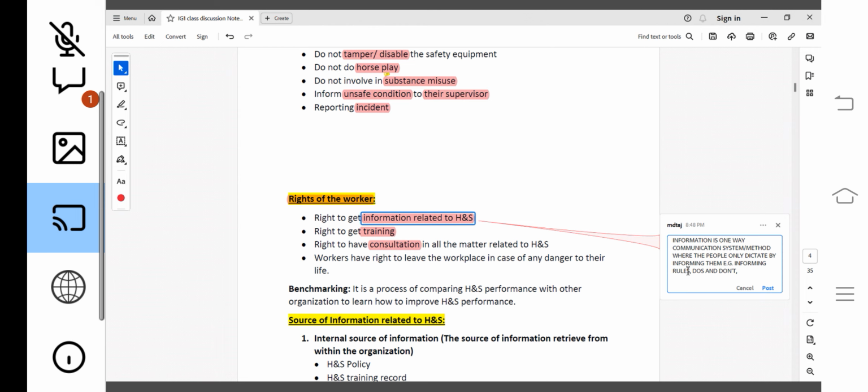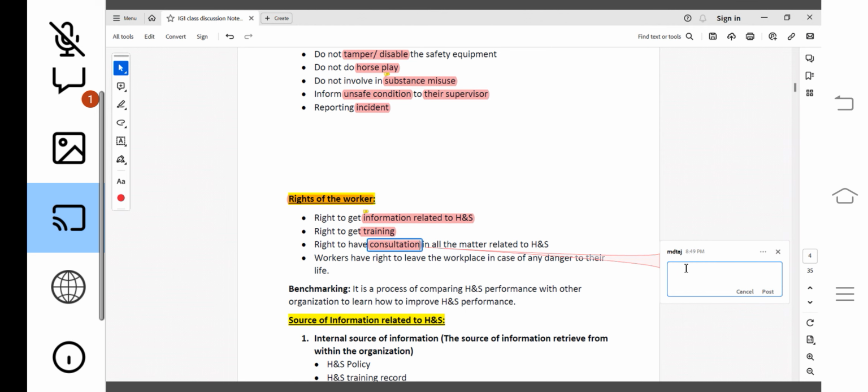They may issue written information and put it on the safety notice board. Now everyone should be following that rule. So information is actually not a good way of communication. The best way for communication is called consultation. So what is consultation? Try to understand.